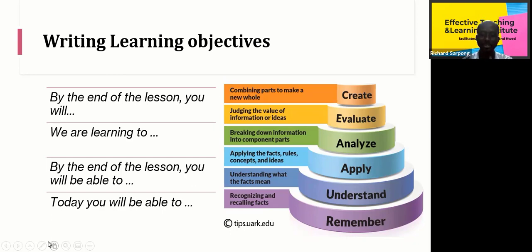So if they're able to create essays, then because they have learned something, they know something, they understand something, they can develop the skill of what? Writing essays.